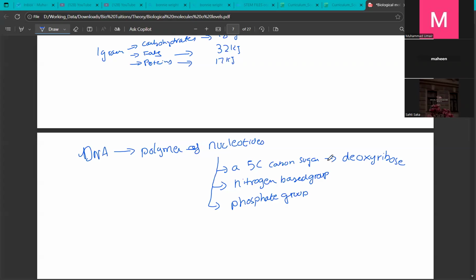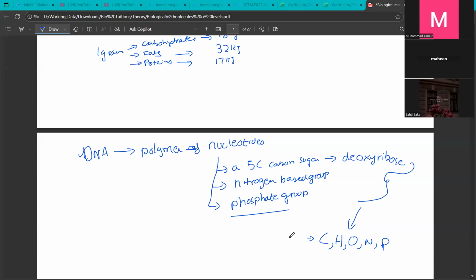Meaning, if I take all of this into account, the atoms involved in making a nucleotide are, because it has a sugar, carbon, hydrogen, and oxygen. Then it has a nitrogen based group, so it has nitrogen. And it has a phosphate group, so it has phosphorus. So these are the elements that make up a nucleotide. Cool?